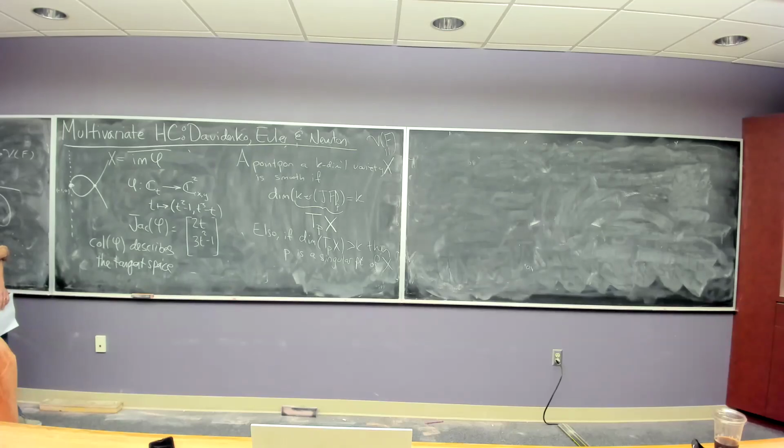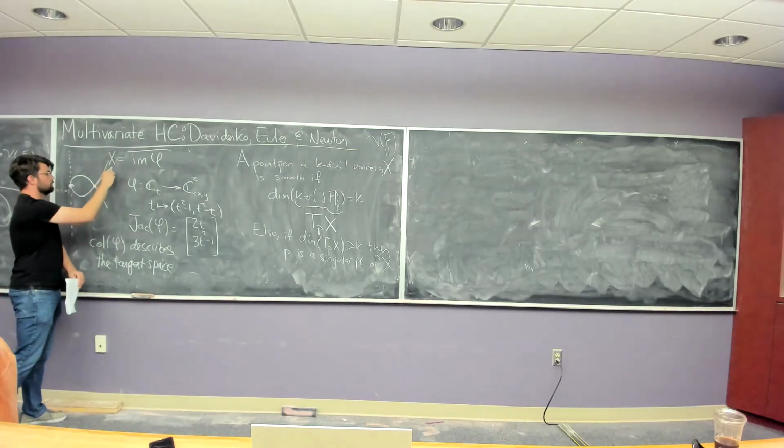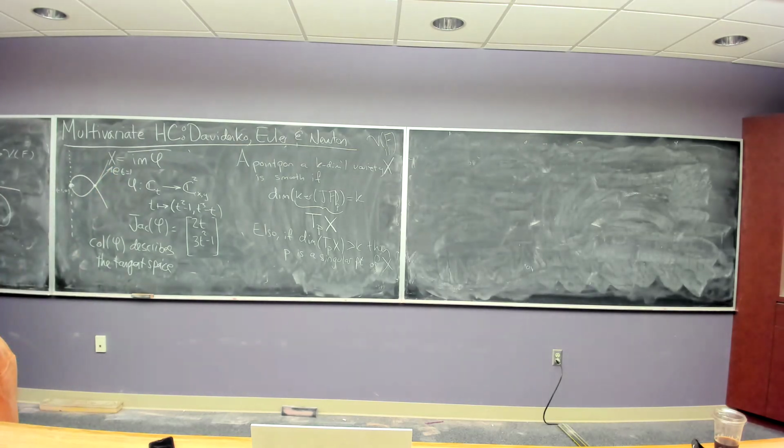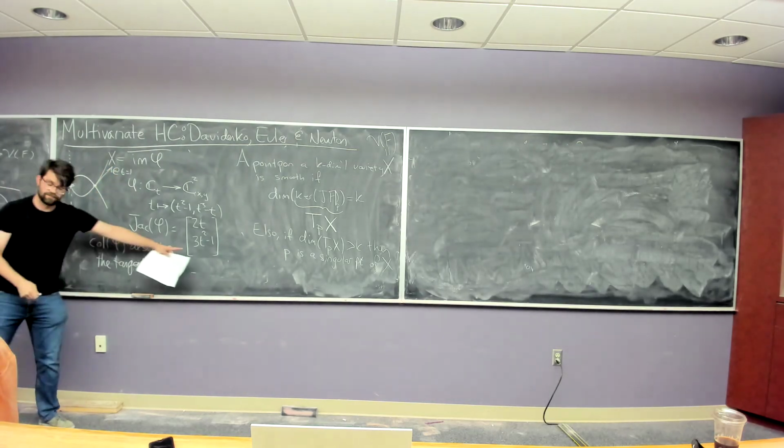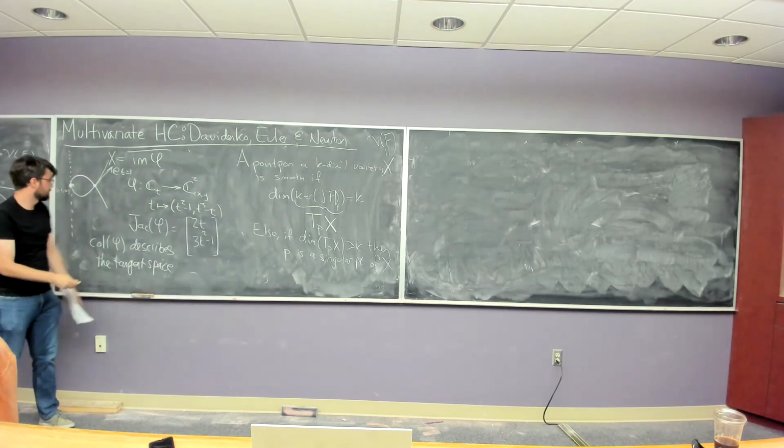And indeed at t equals 1, this is the vector 2, 2. And at t equals -1, the second value is the same, the first value is negative.